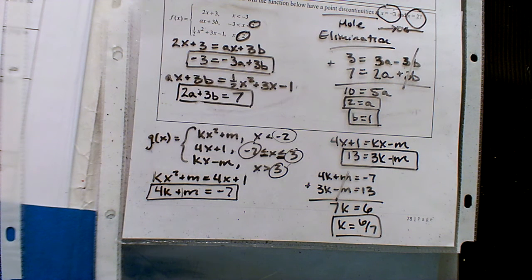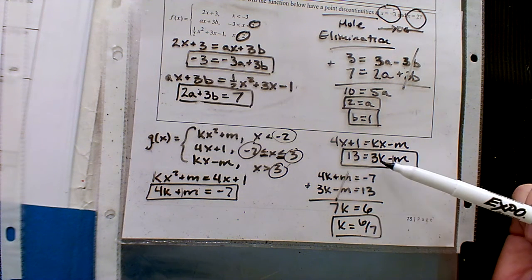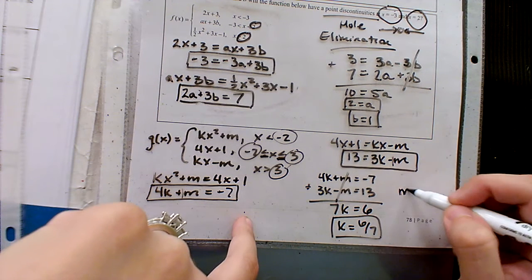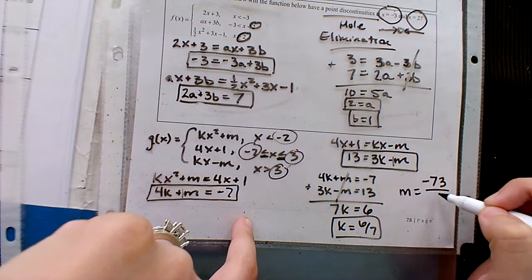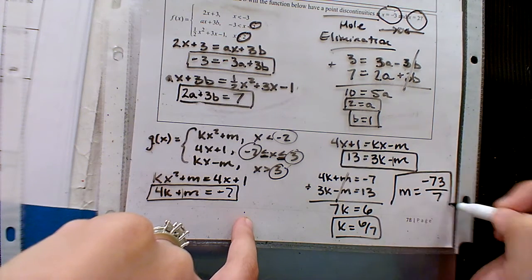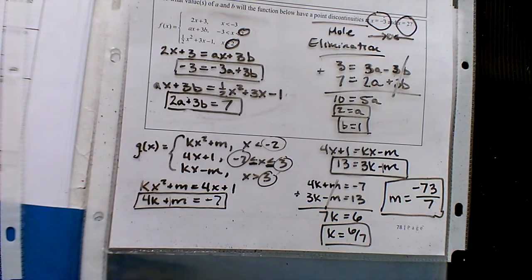Sound good? All right. Kind of a weird answer. It's a fraction. But if you were to plug that back into either equation, your M value as a fraction should have been negative 73 over 7. For those of you that used the calculator and got a decimal value, I think it was like negative 10.43, something like that.